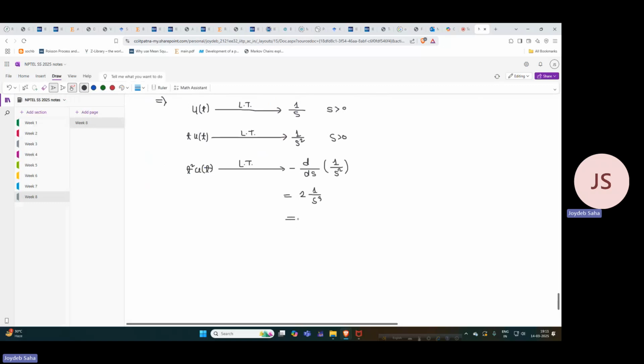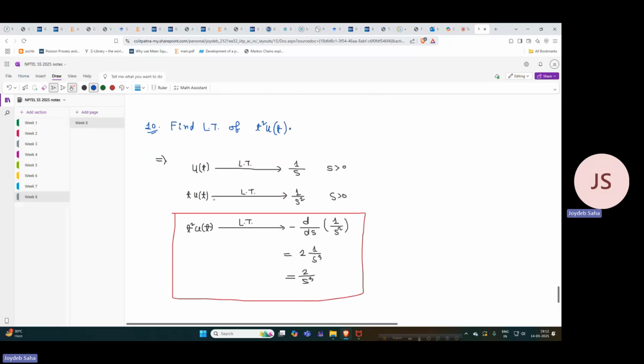Is equal to 2 upon s cube, right? So this is very simple problem.